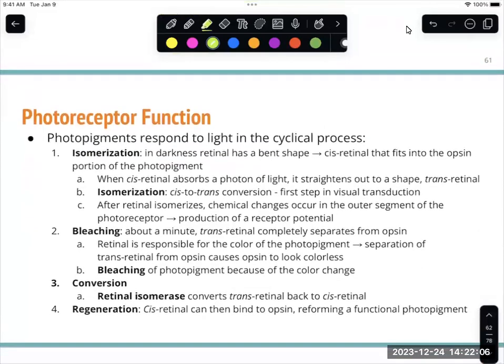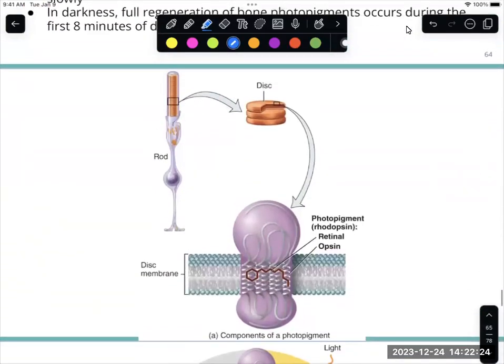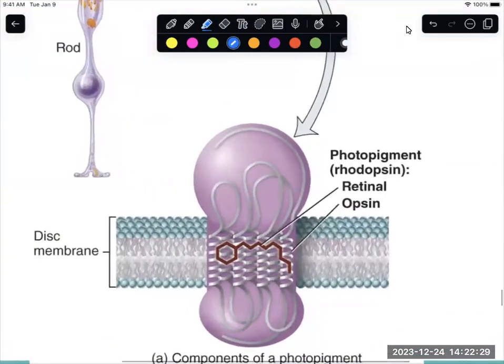So our photoreceptors function. They're going to go through this isomerization. I can't say that word today. So in darkness, retinol has this bent shape to it. This is this retinol. You can see this bend in it.